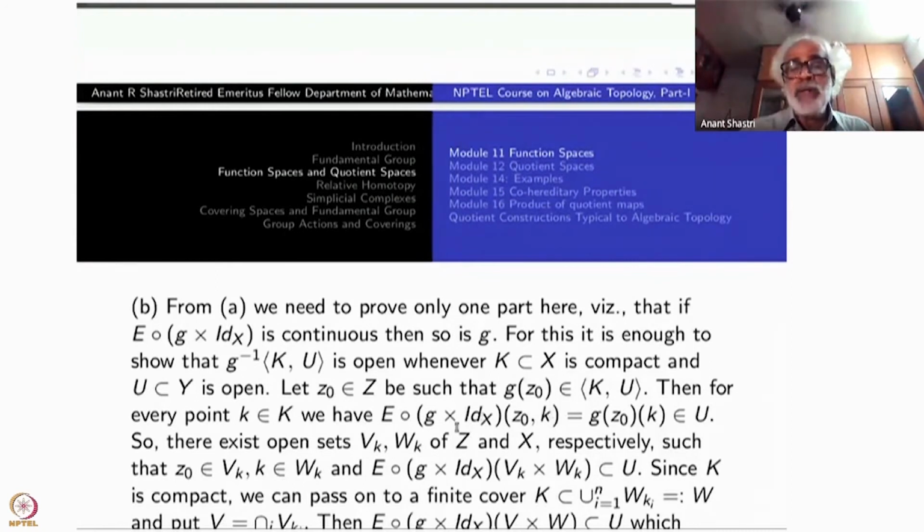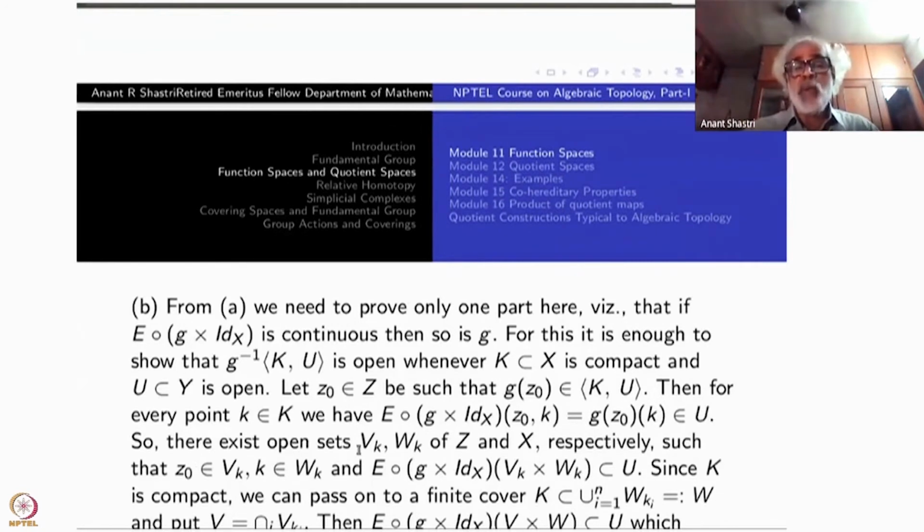By definition, that is E of G Z0 comma k, which is G Z0 operating upon k. Remember, G is a map from Z to Y raised to X, so G Z0 itself is a map from X to Y. So G Z0 of k belongs to this open set.